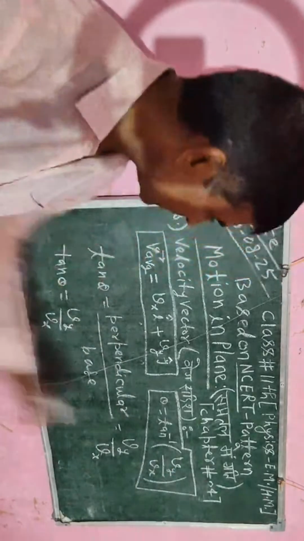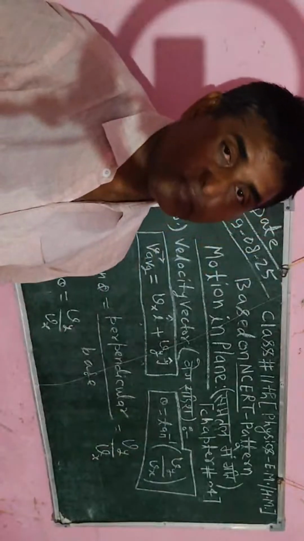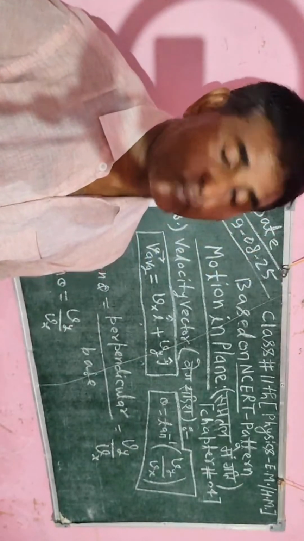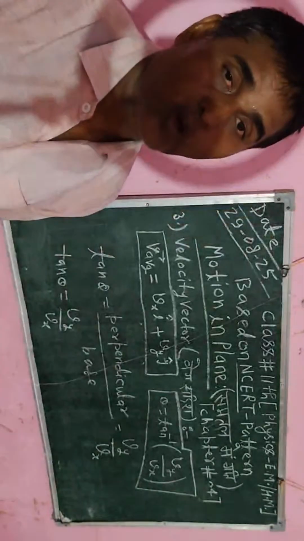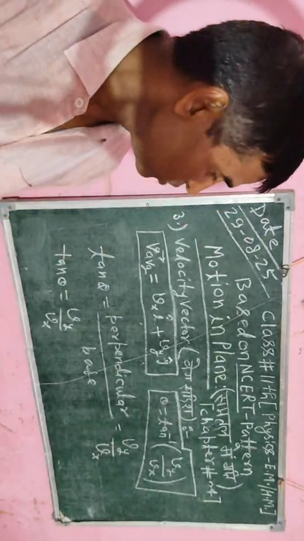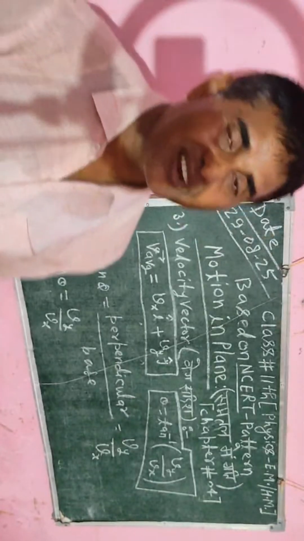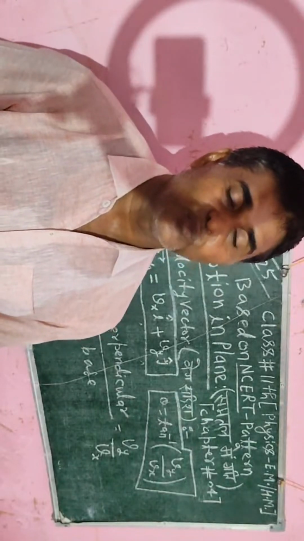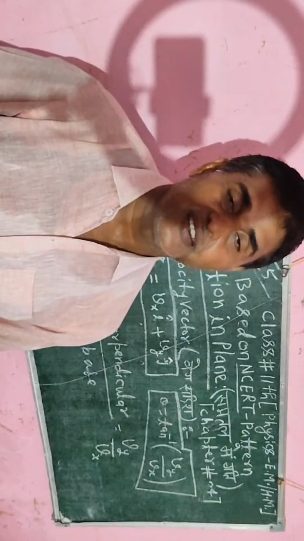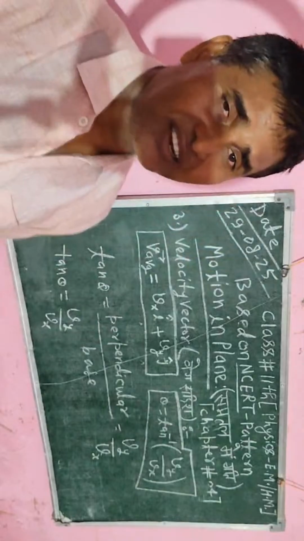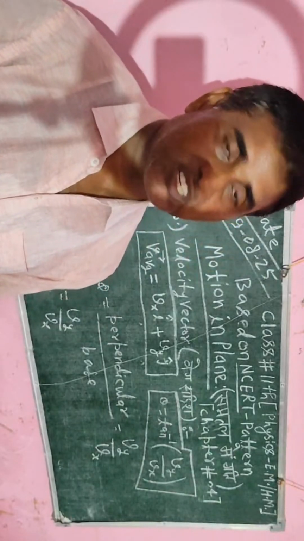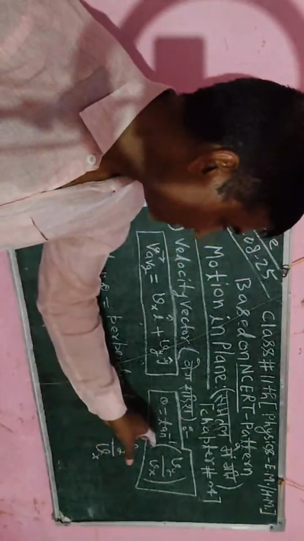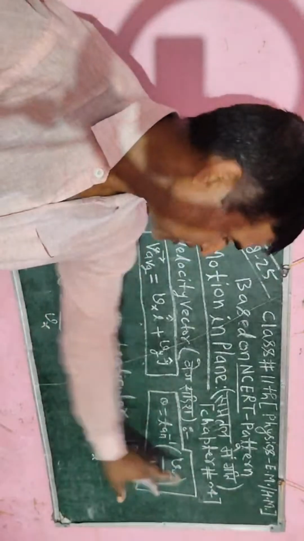If two vectors intersect at a point, we get four angles, and two vertical opposite angles are equal. One angle will be theta, and the other angle is 180 degrees minus theta, in radians pi minus theta, where theta is tan inverse of dy divided by dx.